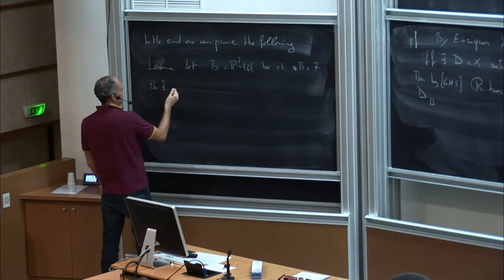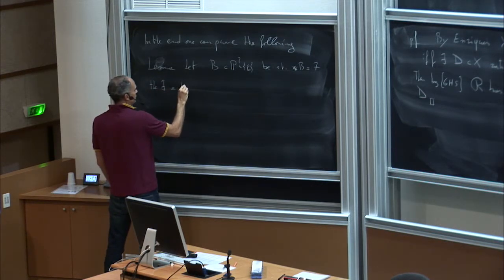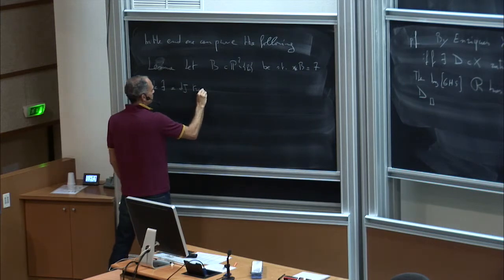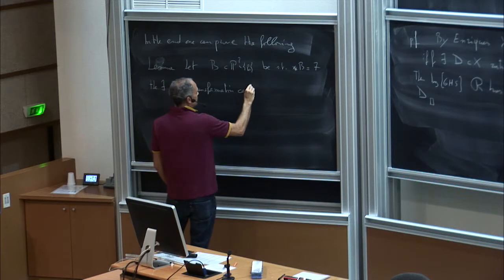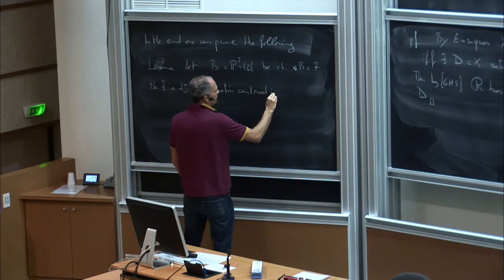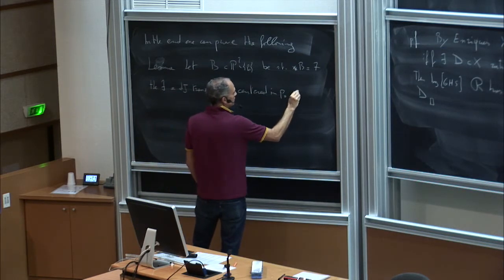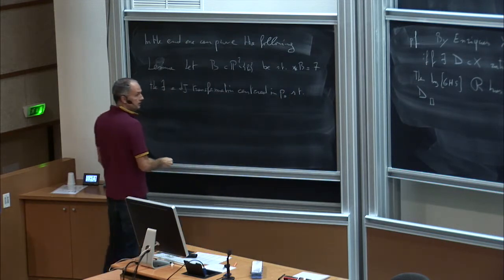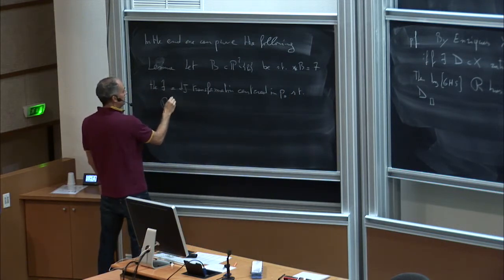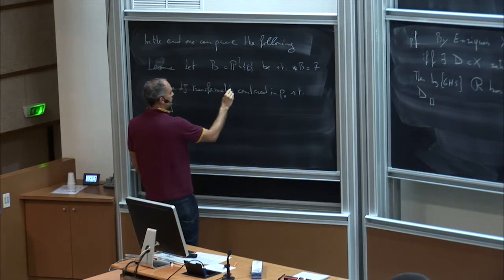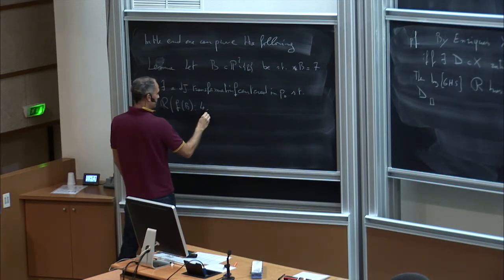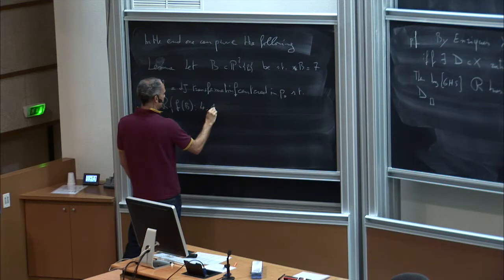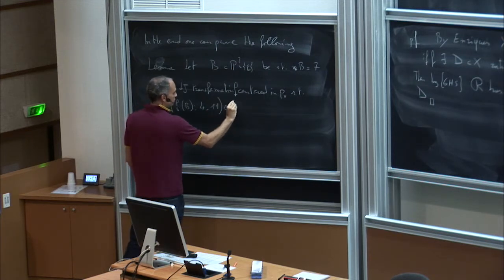Then there exists a de Jonquières transformation centered in P naught such that R, the de Jonquières transformation, let me call it F, of B, for 11, is isomorphic to P1.